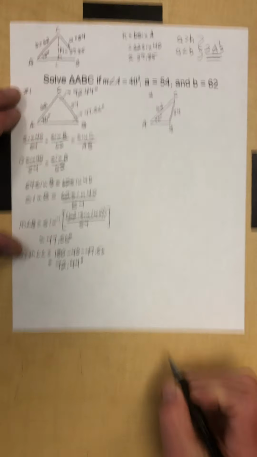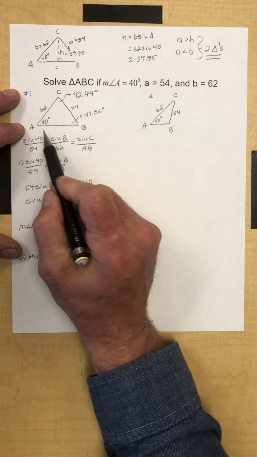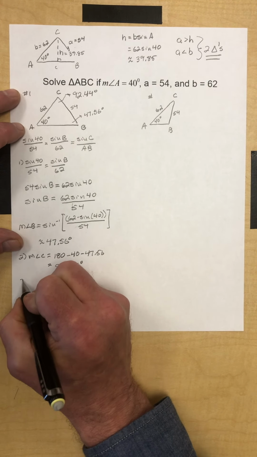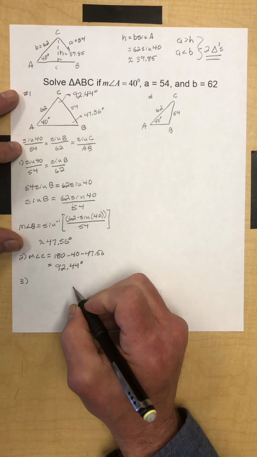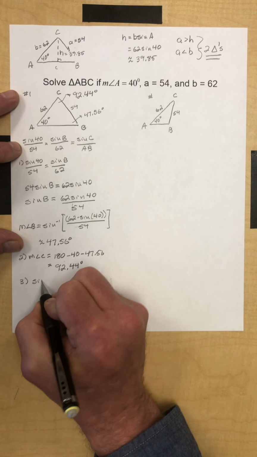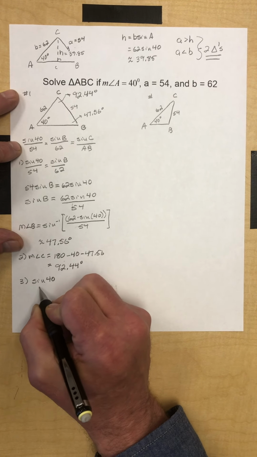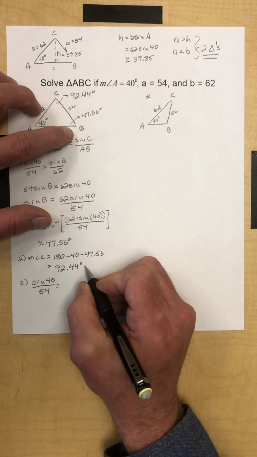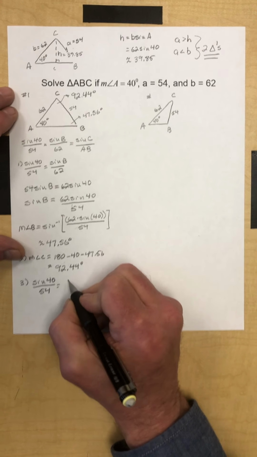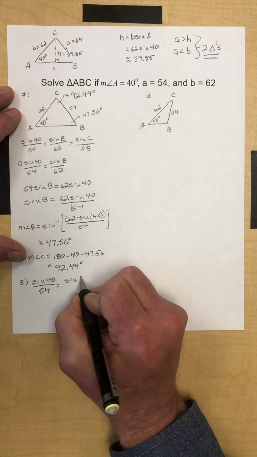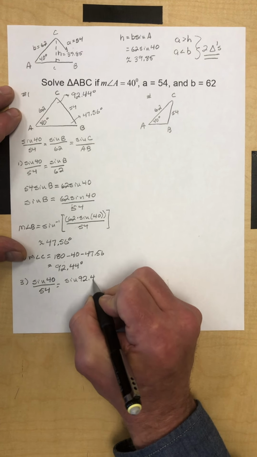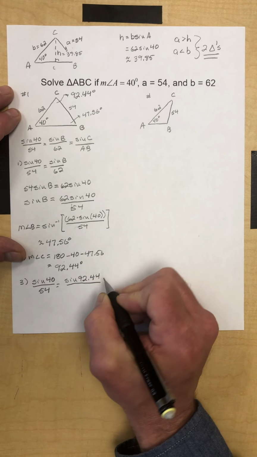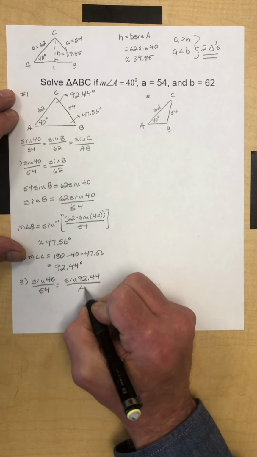So angle C is 92.44 degrees. Now I can find this missing side length. Going back to my cornerstone ratio, sine of 40 over 54 equals the sine of angle C, which is 92.44, over my missing side length, AB.